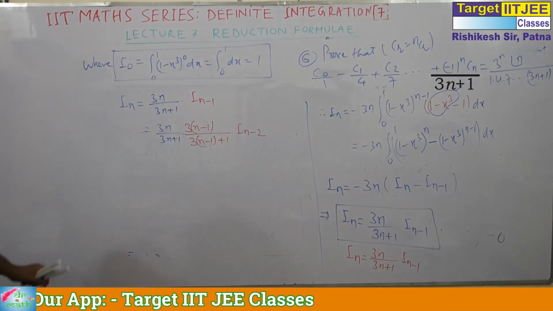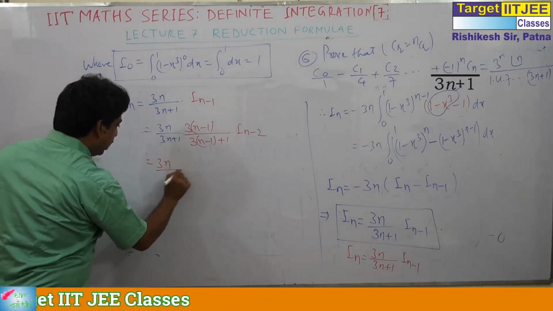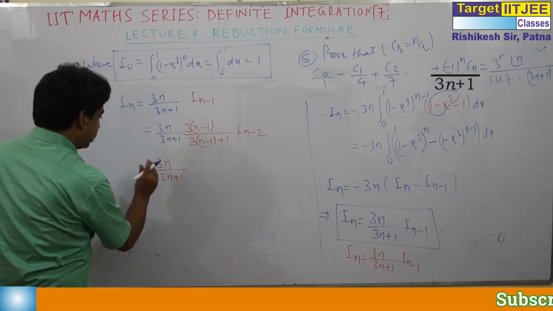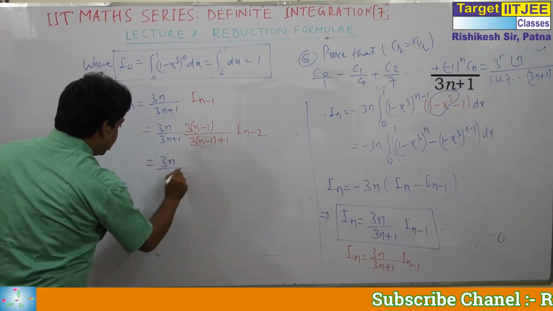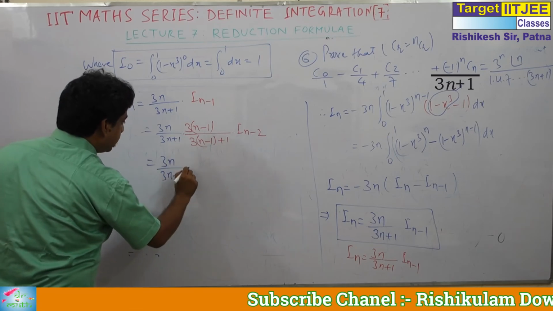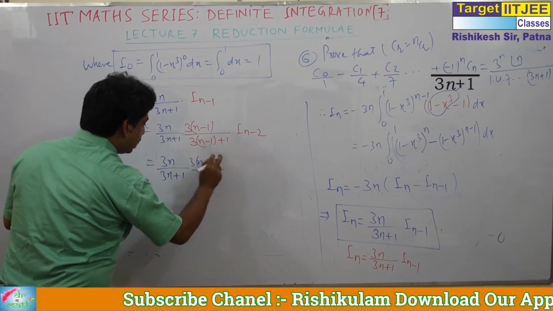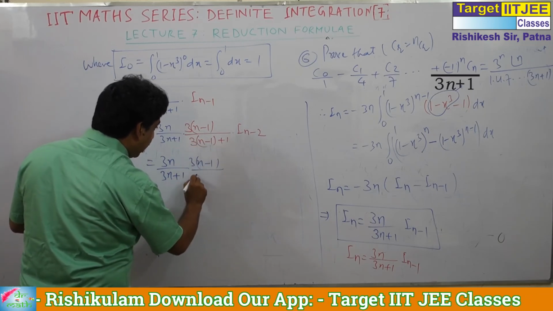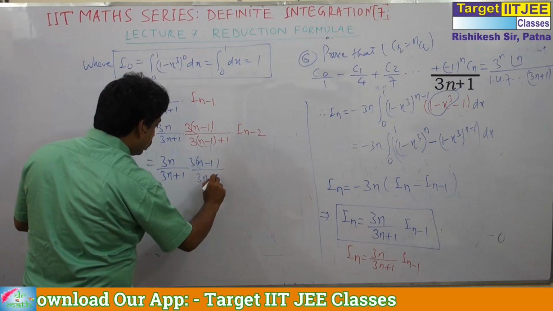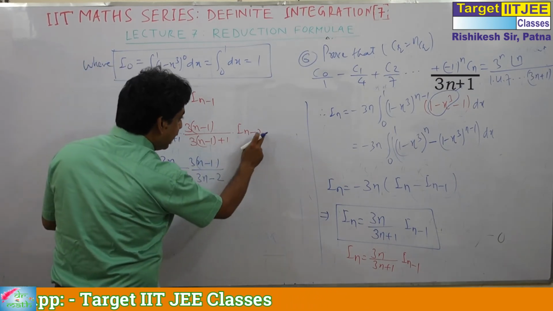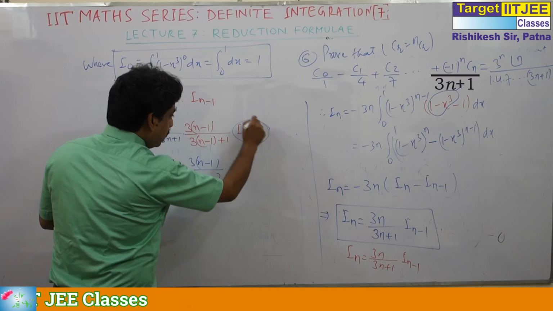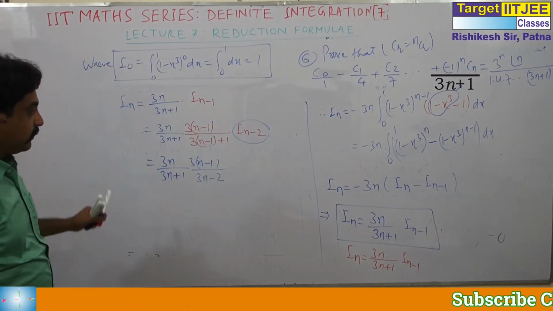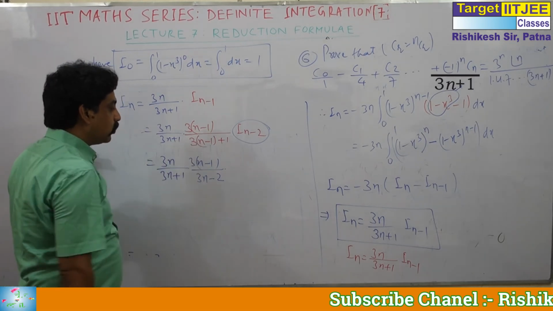Now this is 3n by 3n plus 1, times 3n minus 3 by 3n minus 2, and this is I_{n-2}. Again replace this by n minus 2. Reduce one more step. What do you get?